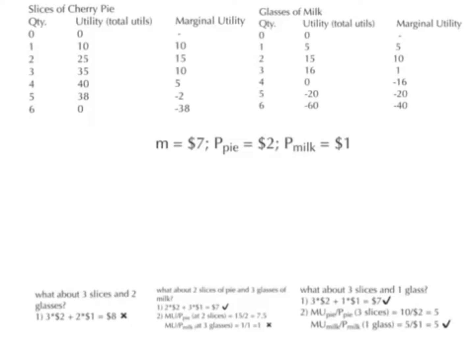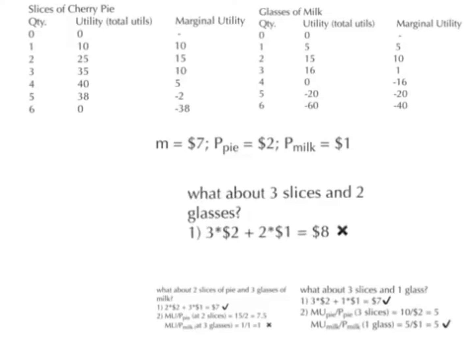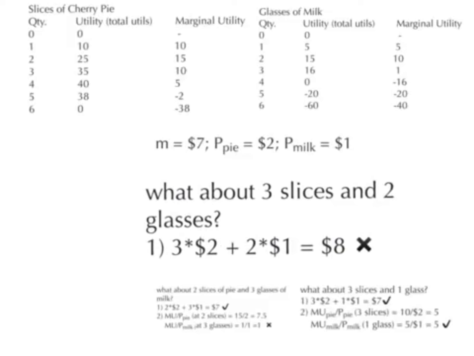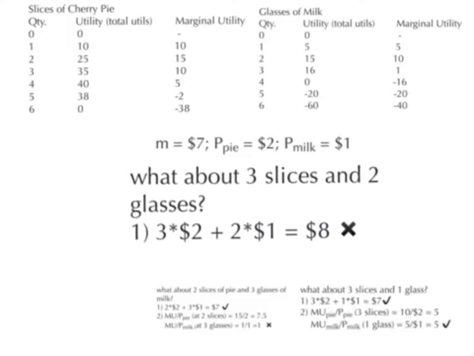So what about 3 slices of pie and 2 glasses of milk? That sounds like a pretty good allocation to me. And so we're going to want to check to see if this could potentially be an optimal allocation. If we bring up the notion of 3 slices and 2 glasses, what we quickly realize is, in fact, we cannot afford 3 slices of pie and 2 glasses of milk.